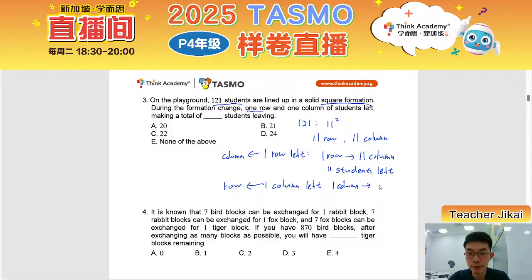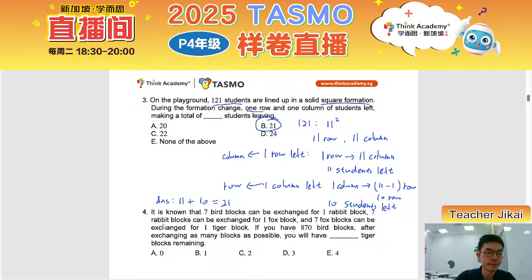How many rows are left? 11 rows, and we already have 1 row left, so only 10 rows. So it means 10 students left. So the answer here is easy, right? First, 11 students left. And second, 10 students left. So altogether, 21 students have left. Alright.